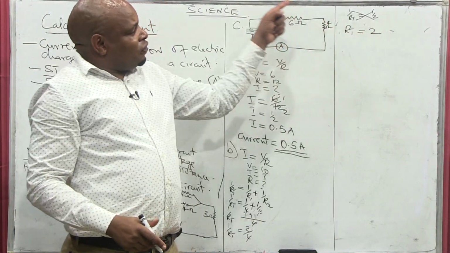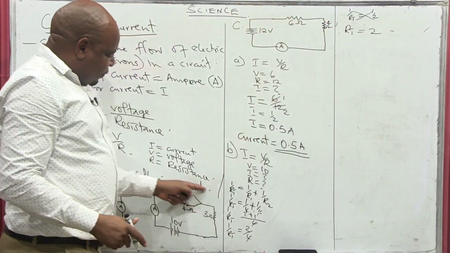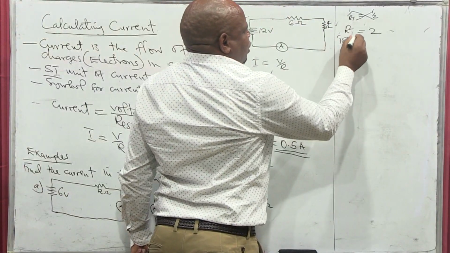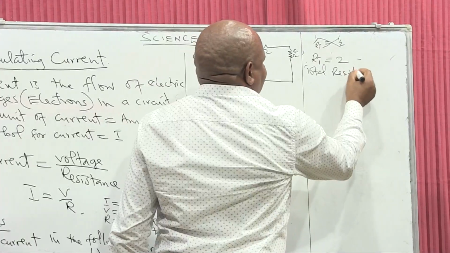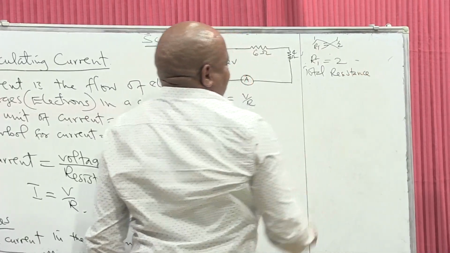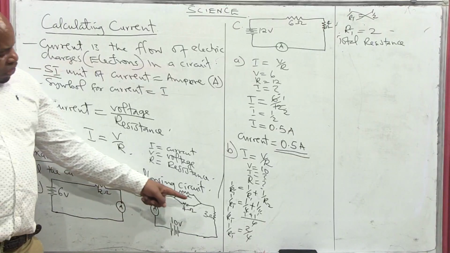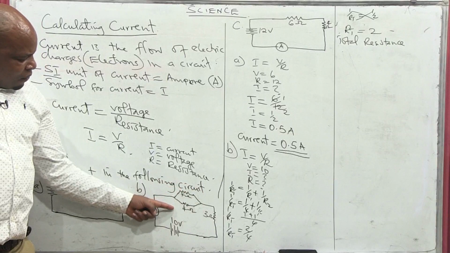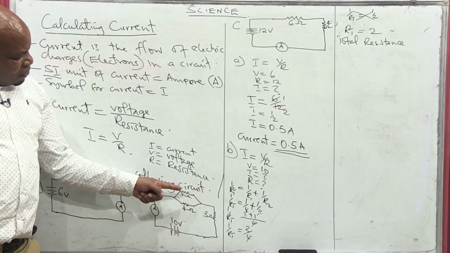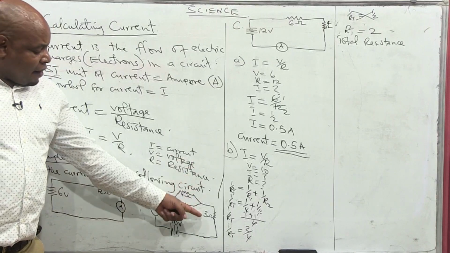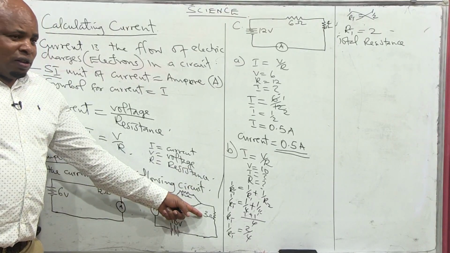So getting the total resistance in this figure here, we have to take the total resistance which we have found in the parallel part, we add to 3.